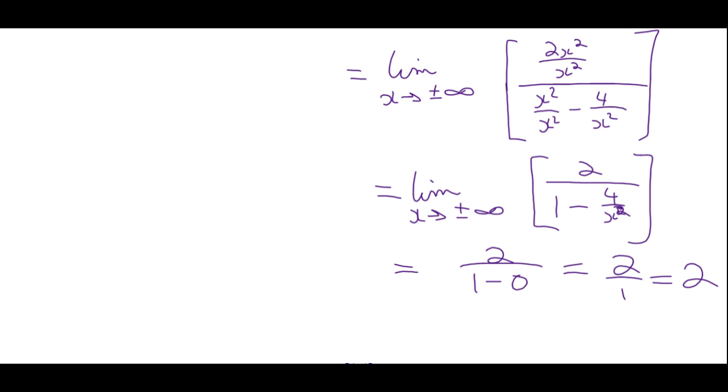So let's put that all together. I'll give you a second, and we'll just go to a new page. Okay, looks good. All right, so what do we have? As x approaches infinity, f of x approaches 2.